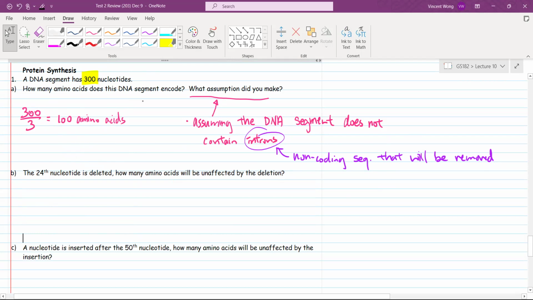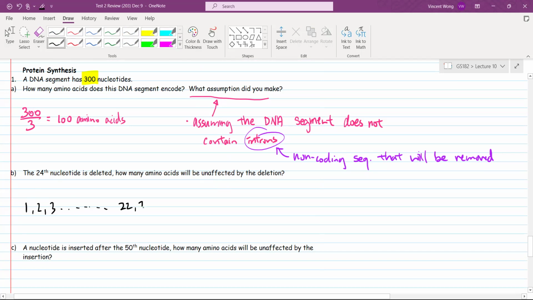Next, the 24th nucleotide is deleted. How many amino acids will be unaffected by the deletion? I'm trying to think of a way to explain this without drawing it out. 1, 2, 3, dot dot dot, 22, 23, 24, dot dot dot.